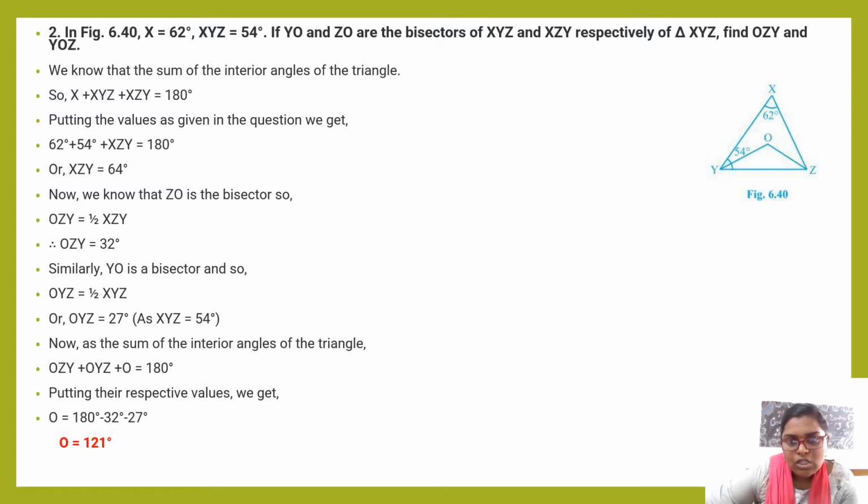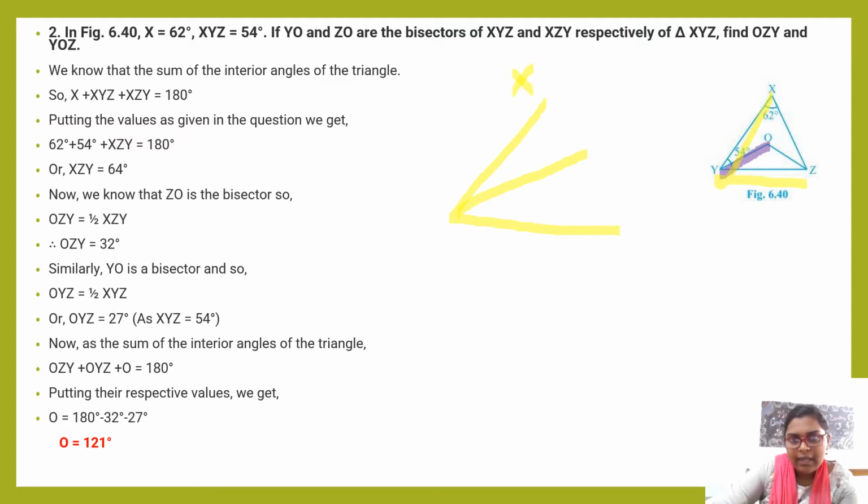Right. So here see YO. YO is the bisector of XYZ. See here it is X, Y, Z and here YO is the bisector.